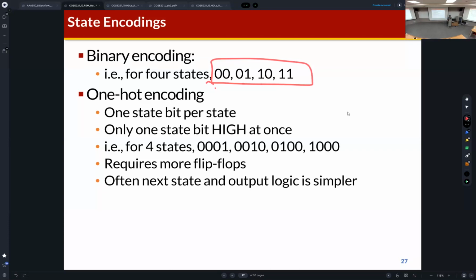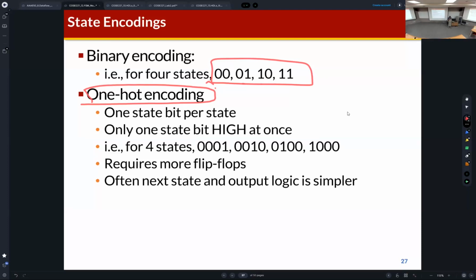Also, we can use one-hot encoding. In one-hot encoding, each bit represents a state. What does that mean? In this example, we have 4 states, and bit number 0 represents state 0, bit number 1 represents state 1.